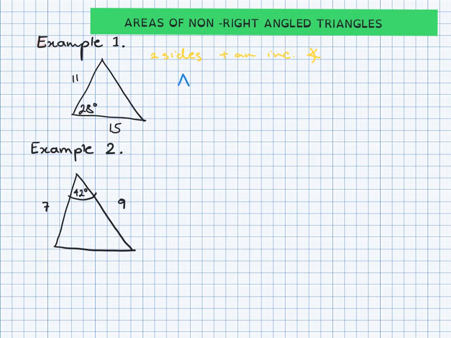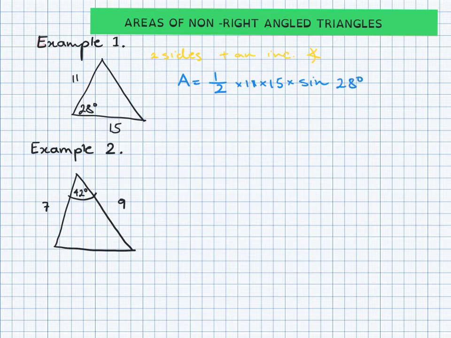In order to find the area, it is half times 11 times 15, and then times sine of that included angle, sine of 28.